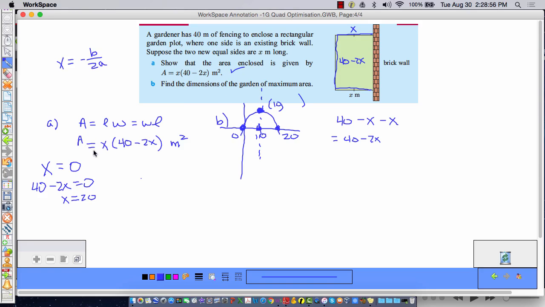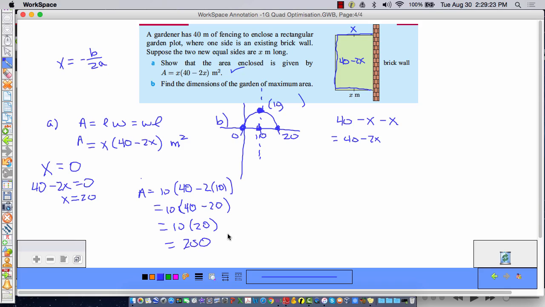And I can find y, or the area actually, the y-coordinate, by substituting in 10 for x. So that would be 10 times 40 minus 2 times 10. So that's 10 times 40 minus 20, or 10 times 20, which is 200 square meters.